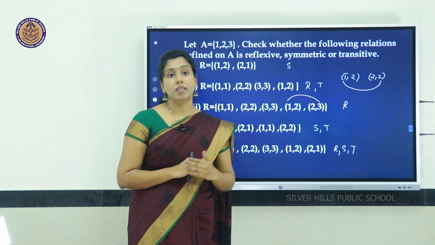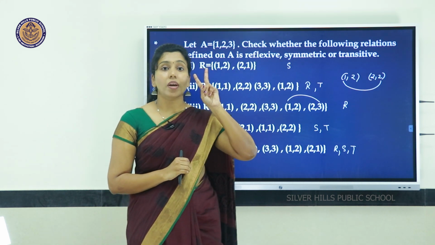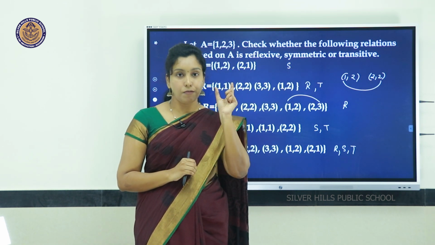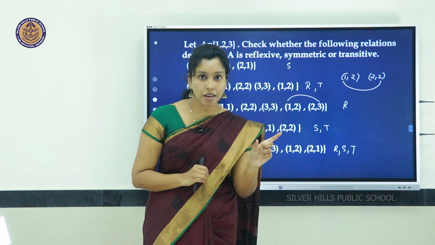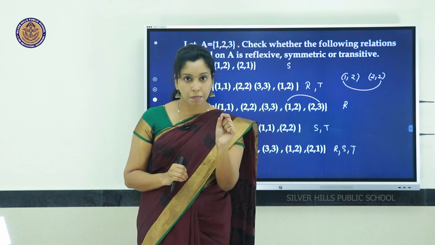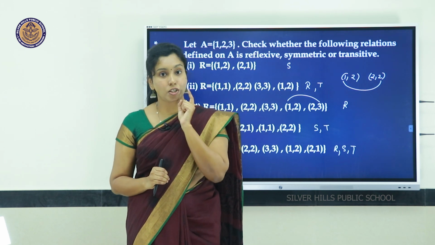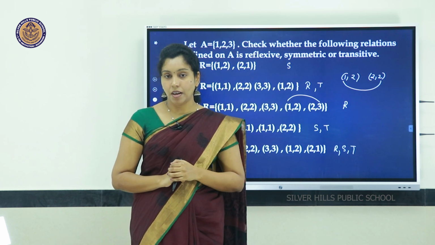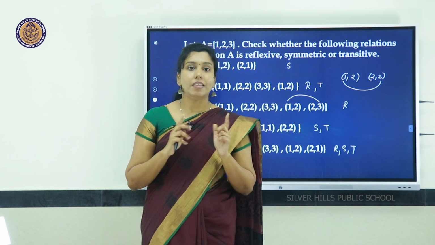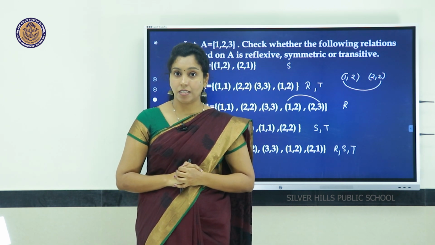And only for the third one, that is transitive, we are considering two ordered pairs, such a way that if I take the first one as AB, the second one will be BC. Okay, you are ending with B and the second pair starts with B, that is very important. And if AC is present in the relation, we will conclude that relation is transitive.